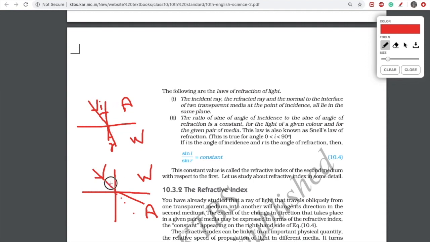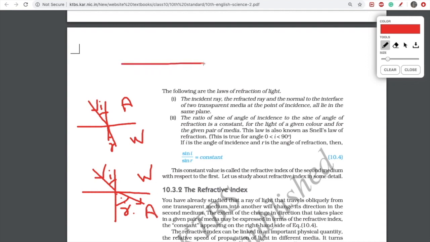But when incidence is happening in water and refraction is happening in air, whatever constant value we get is called the refractive index of air with respect to water, because air is the second medium where the light is getting refracted.